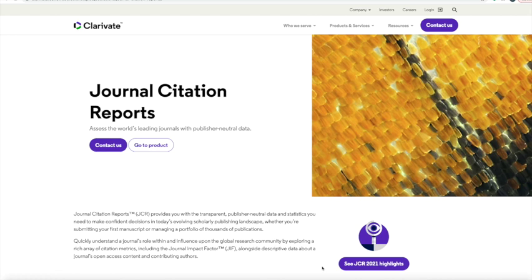Let's get started. The journal impact factor is a metric that is released in the annual journal citation reports by Clarivate Analytics. And the calculation is based on the number of citations to that journal in the previous 2 years. The journal impact factor can change from year to year because it is an evolving number and it's based on past performance.